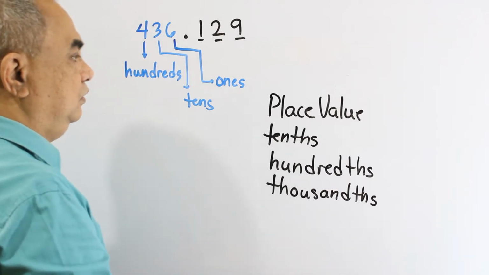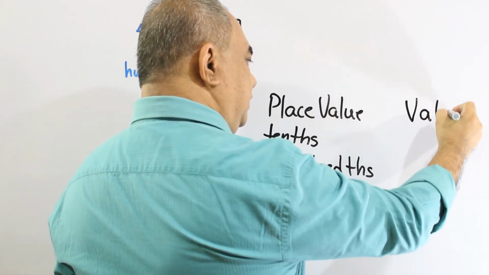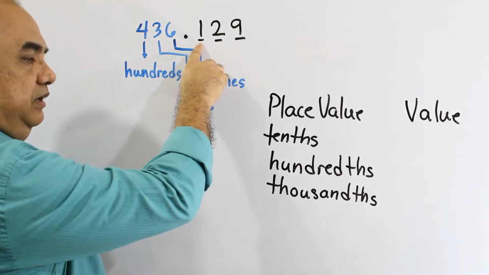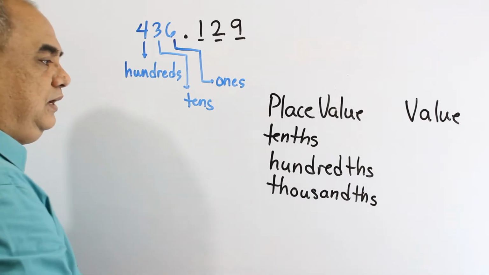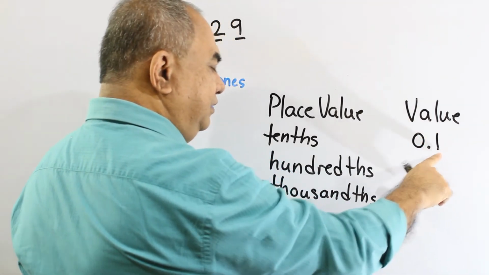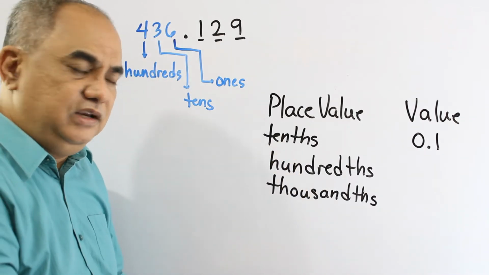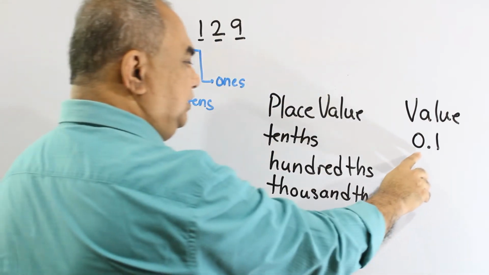Now let's go to the corresponding values. If we wish to write this one as the value of the decimal, we can write this as 0.1. The one here represents 1 over 10, if we refer to it as a fraction. But since we are in decimal, we simply write 0.1.